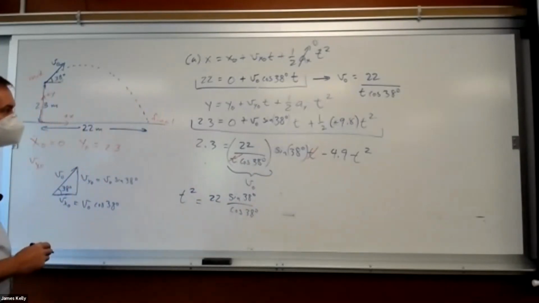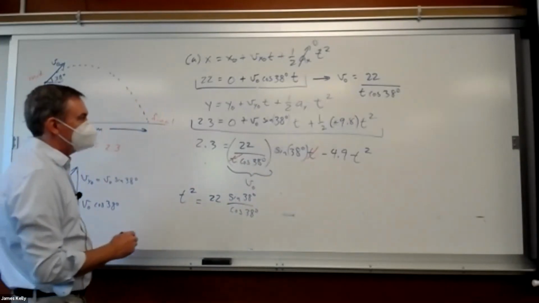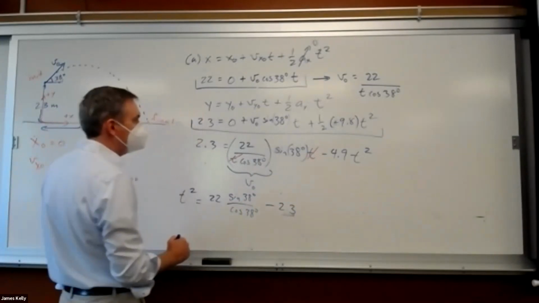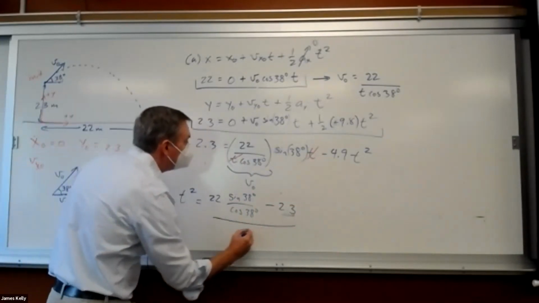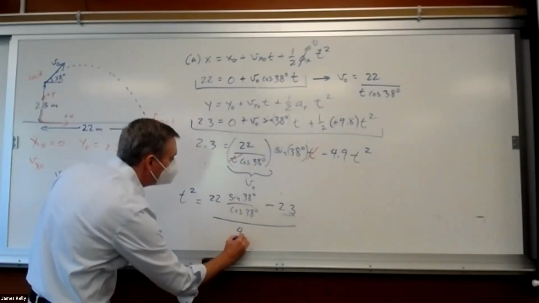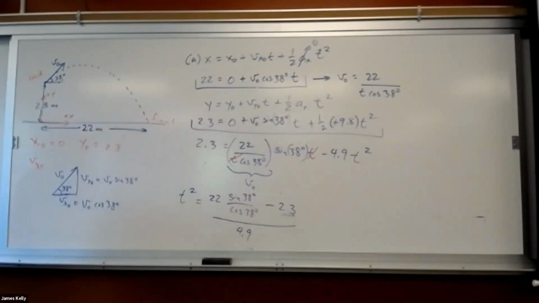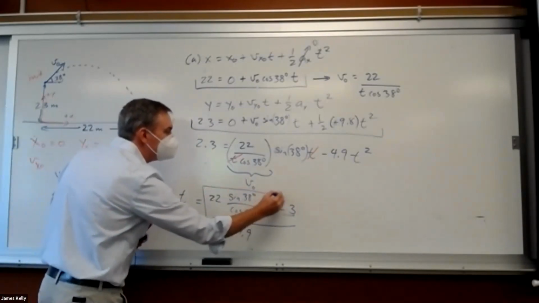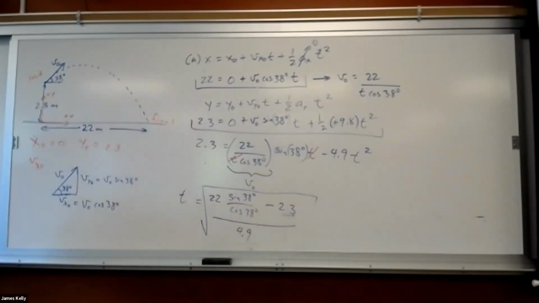The t's canceled out, minus 2.3. And then I'd have to divide by 4.9. You could do it a couple steps at a time and then unsquare it to get the square root of this mess. I'm doing some mental gymnastics there, but you could do it in several steps if that's fine.